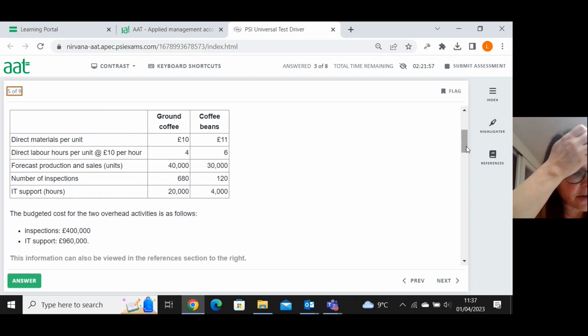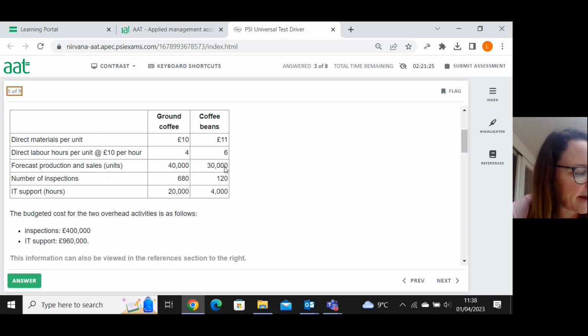So to calculate the total hours, I'm doing this, by the way, to work out the overhead absorption rate per labour hour. So the total hours are going to be, I need 4 hours times 40,000 units for the ground coffee. That's 160,000 hours. And then add on 6 times the 30,000, which is 180,000 hours.